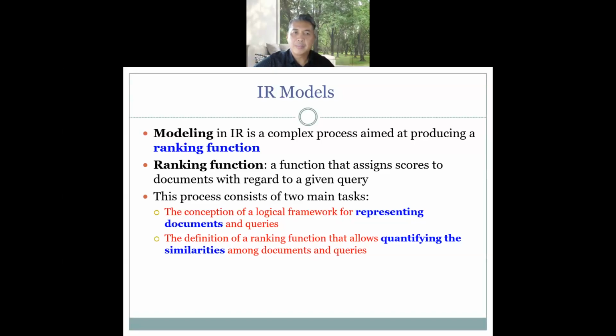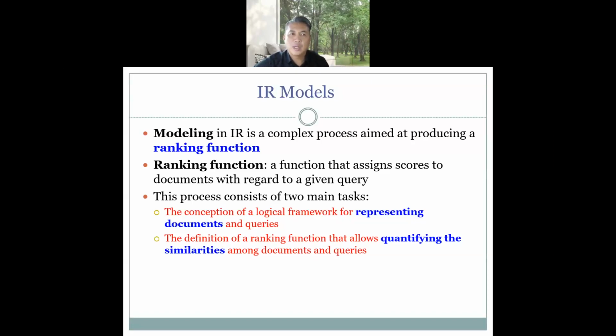Okay, so this process consists of two main tasks. The first one is we need to be able to represent the document so that the system or the program knows what the content of the document is. For human beings, we are able to perceive the content of the document. But how do you make the system know that the content of this document is such and such?